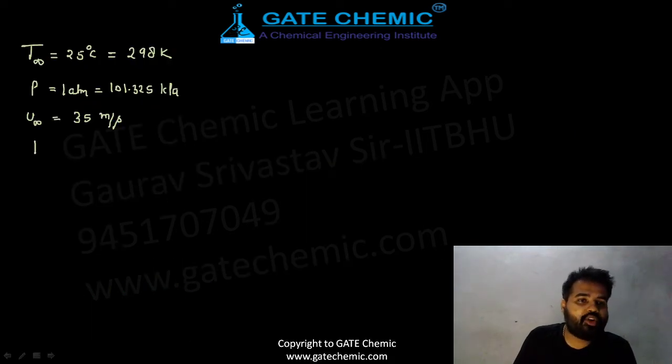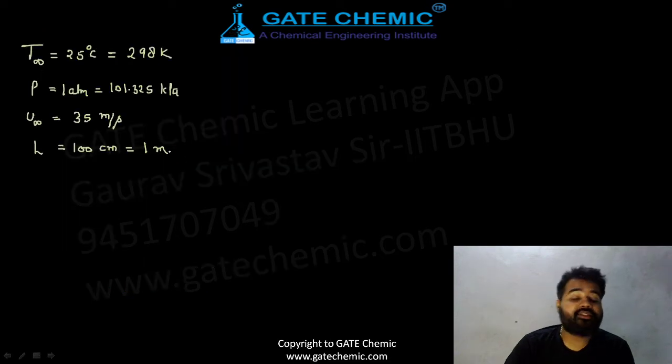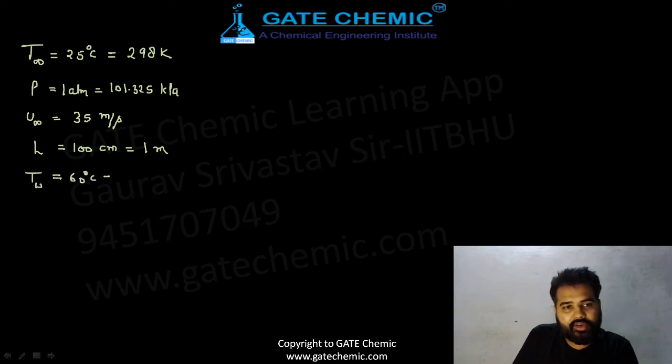That means the total length of the plate is 100 centimeter, which in SI unit I can write as 1 meter. Now, this plate is maintained at 60 degrees Celsius. That means my whole plate is maintained at 60 degrees Celsius. In Kelvin, 273 plus 60 gives you 333 Kelvin.